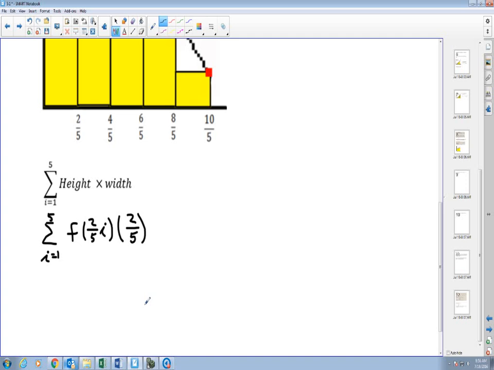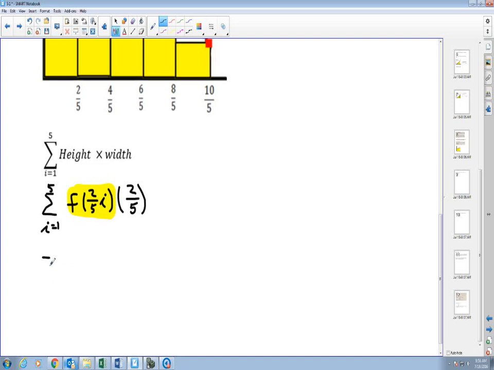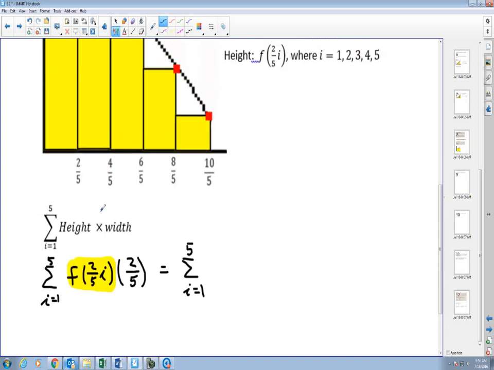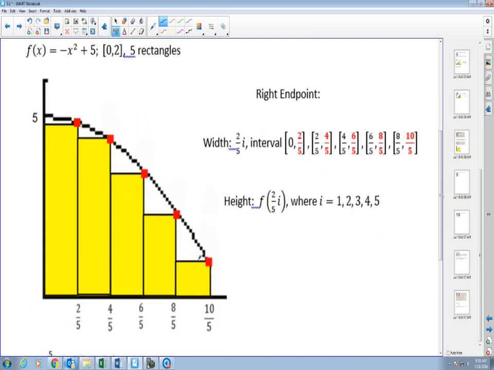Alright. So this part right here is what we're going to substitute into the function. Let me write it right here. That will give me the sum of i equal to 1 through 5. Substitute 2 over 5i for x right here.